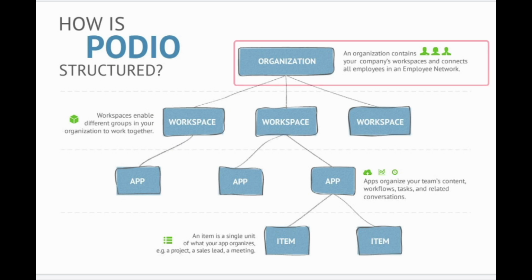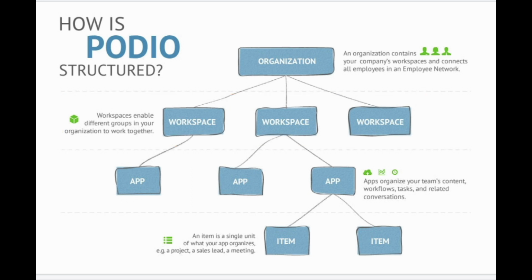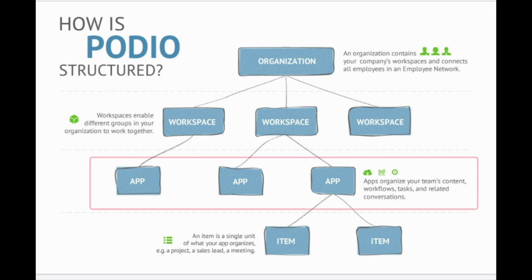So how is Podio structured? At the top, we have an organization. This could be you and your entire team that you work with. Potentially, maybe you have a lending business, a wholesaling business, and maybe an investing business where you do flips. Those will be separated in your workspaces. This enables different groups to organize how you work together. Then within each of these workspaces, you're going to have apps.